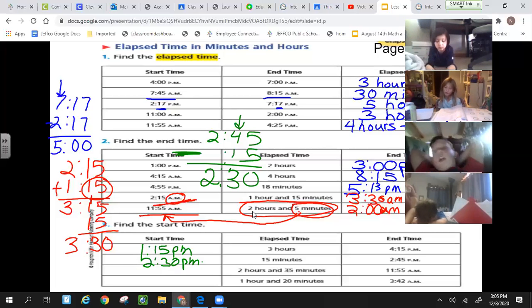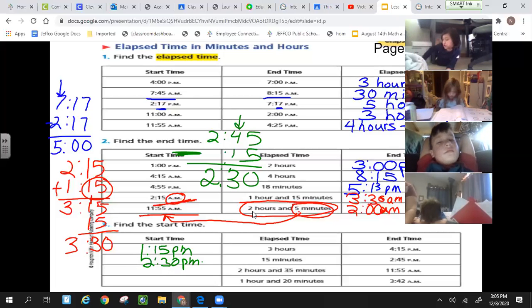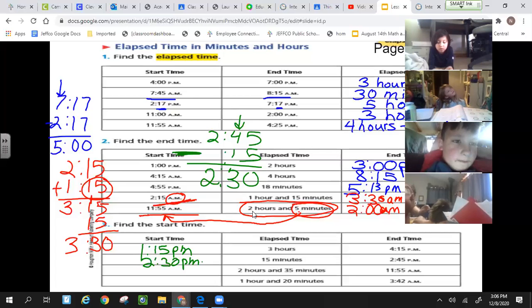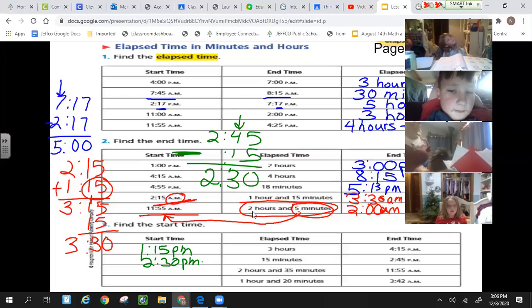How about my son studied for his final and he ended his study time at 11:55 a.m. He studied for 2 hours and 35 minutes. What time did he start? Let's use the clock to help us with this. Does anyone think they know? We can use the clock. We could also write it out.